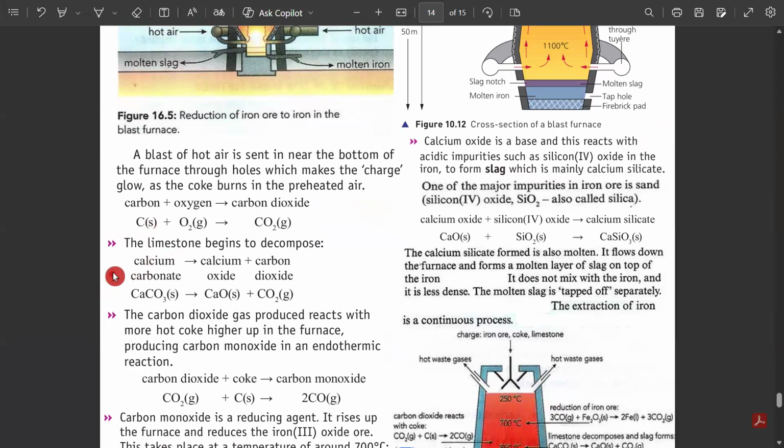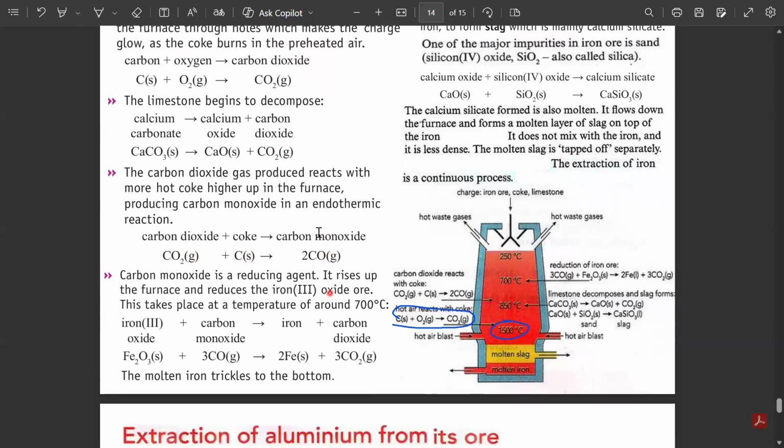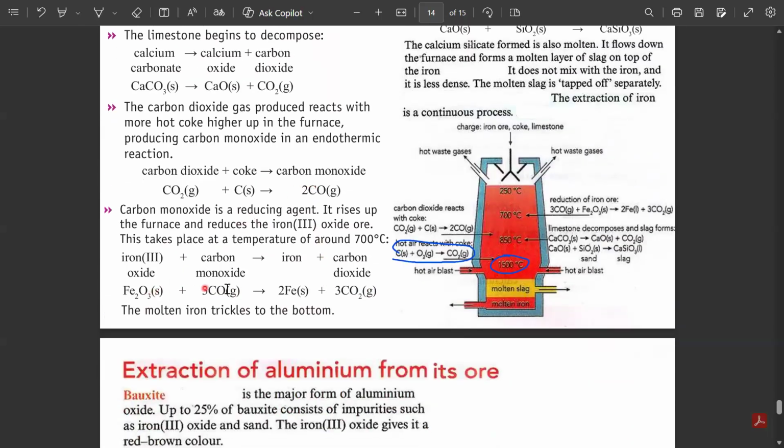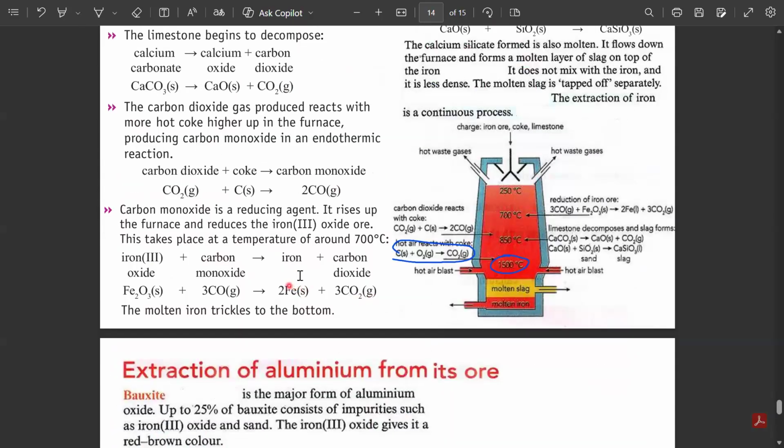And in the next part, the limestone is broken down to make calcium oxide and carbon dioxide. The carbon dioxide reacts with the carbon to make CO, and CO reacts with the iron oxide to make iron and carbon dioxide. So these are the steps.